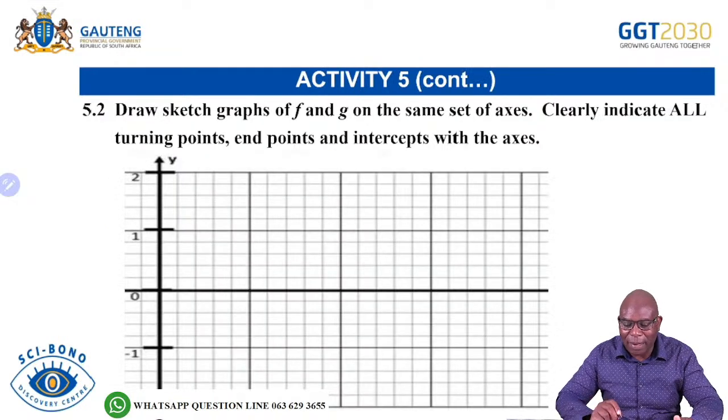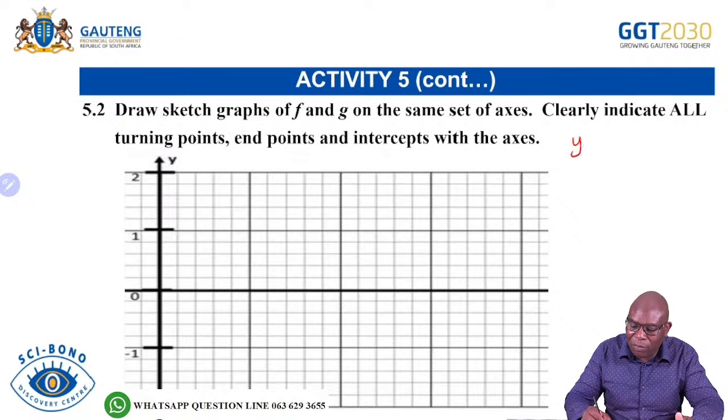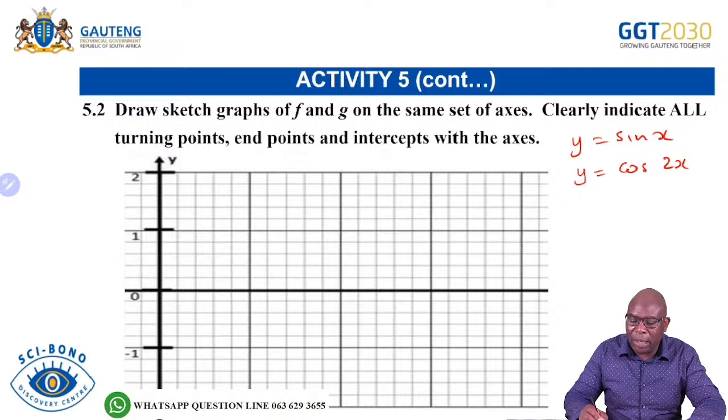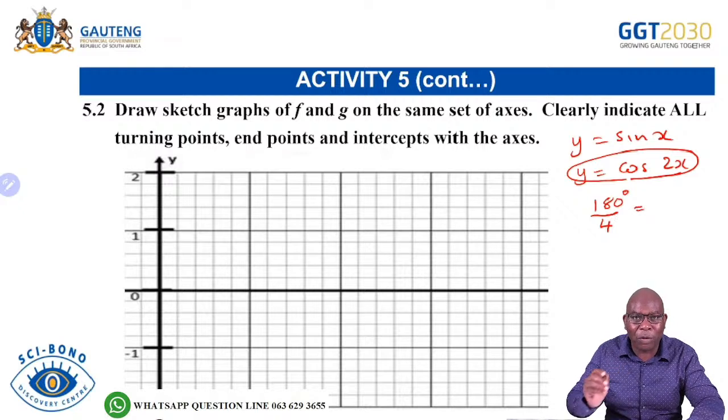Here they say we must sketch the graph of y equals sine x and y equals cos 2x. So you just take a calculator. And from there, because the period for this graph was 180, I just take the period of that graph and divide it by 4 quarters. Remember, we've got 4 quadrants.